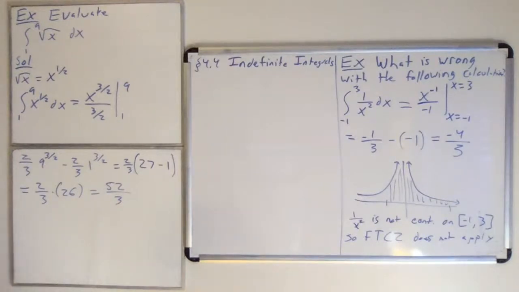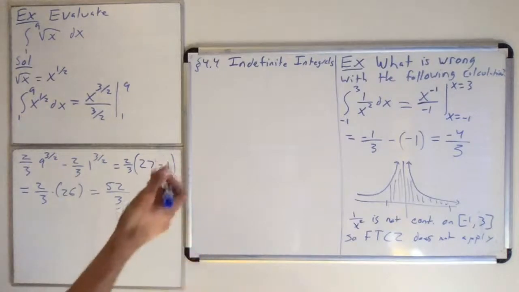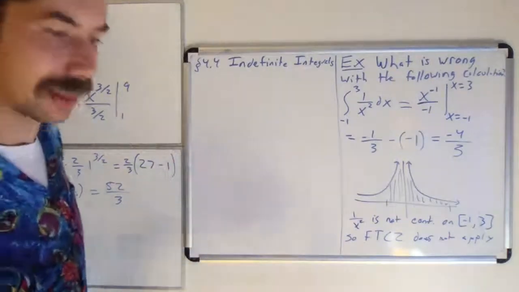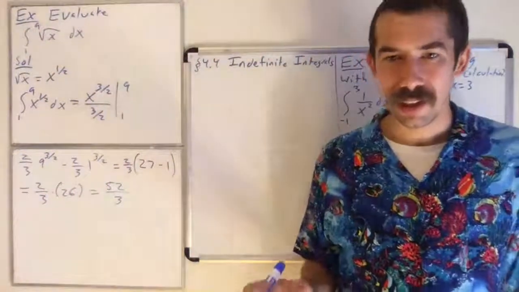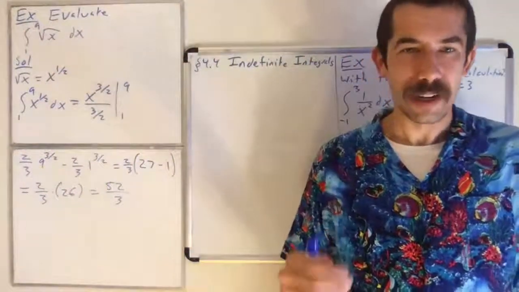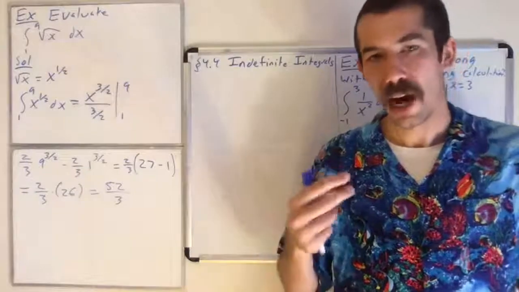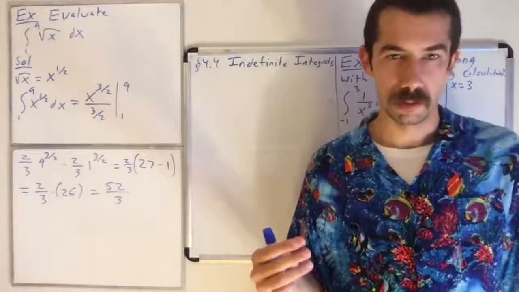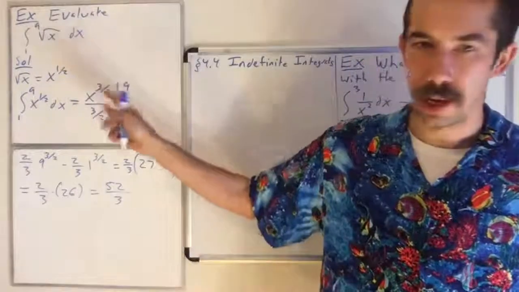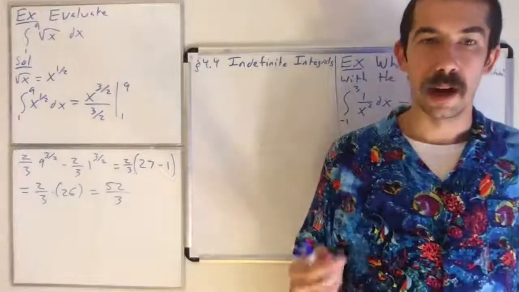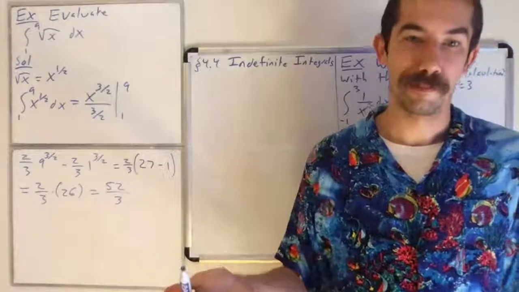Okay? That's the big idea here. We had a section, I think it was 3.9, on antiderivatives, and we didn't really have any notation. We always just said find the antiderivative of, find a function whose derivative, blah, blah, blah. We're going to use the integral sign to represent an antiderivative.